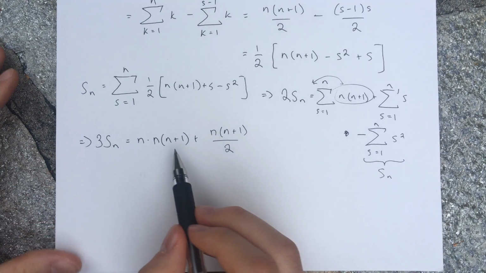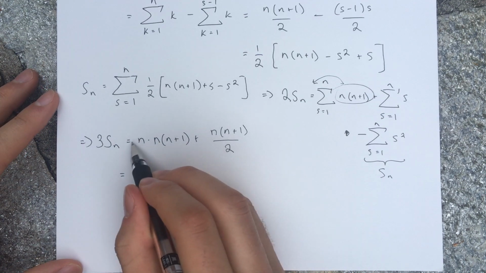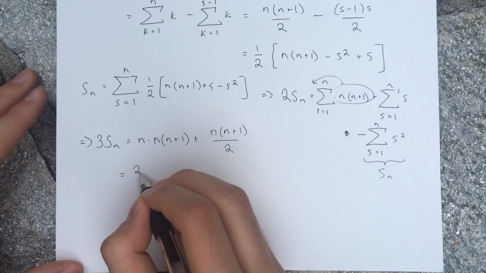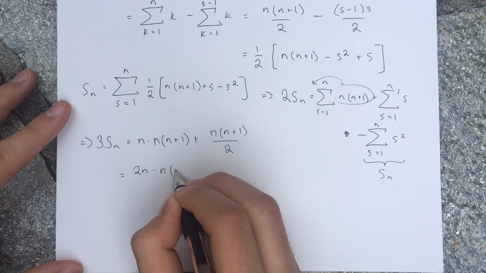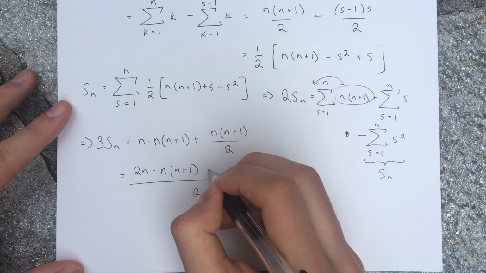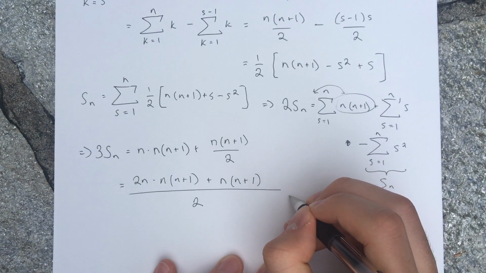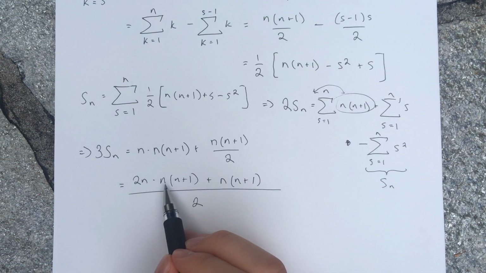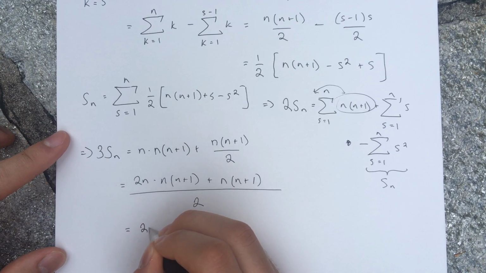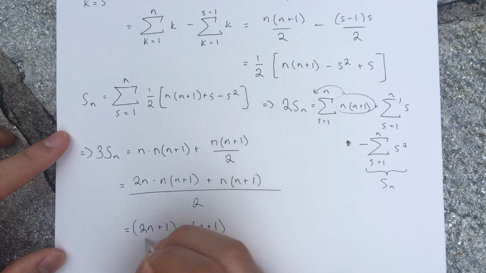Okay. Now let's combine this into one fraction. Here we'll multiply this by 2 and divide it by 2. So we'll get 2n times n plus 1 over 2 plus n times n plus 1 over 2. So we can now rewrite this. We'll factor out this n times n plus 1. That's equal to 2n plus 1 times n plus 1 over 2.